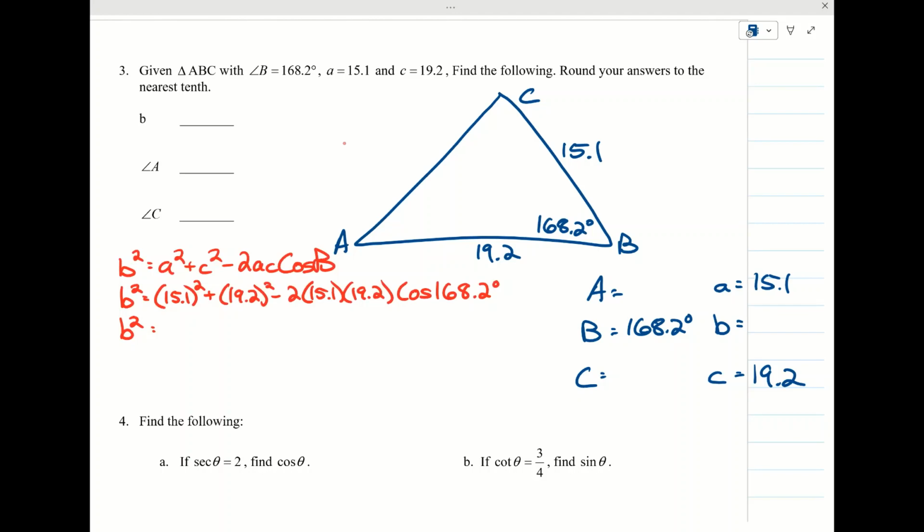I'm getting b squared is 1164.2. But remember, we don't round that answer, because then our answer is going to be off.